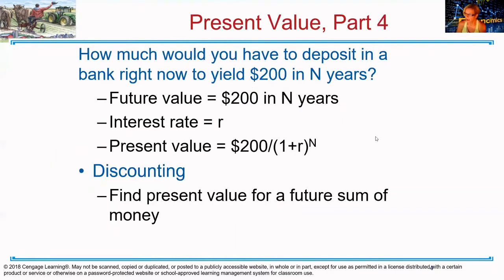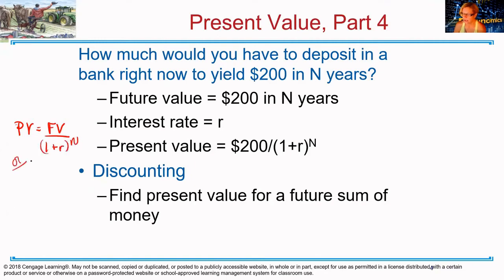How much would you have to deposit in a bank right now to yield $200 in N years? And again, there what we're going to do is calculate the present value. So we use the future value divided by 1 plus the interest rate to the nth power.